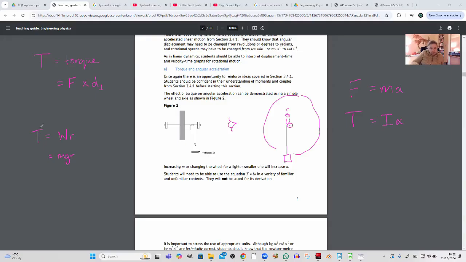So here is my torque that I've just worked out, and if I know my moment of inertia, I can work out my angular acceleration, and then I can use suvat, but it's the angular version, to work out what my, for example, final velocity is when the mass reaches the end of the string, falls off or something, I don't know.